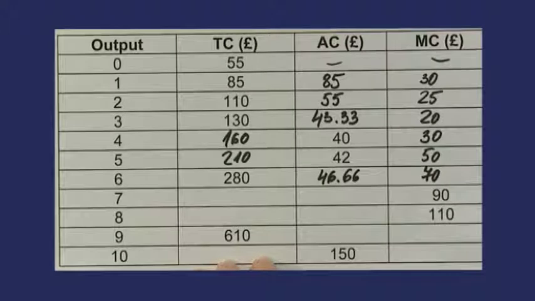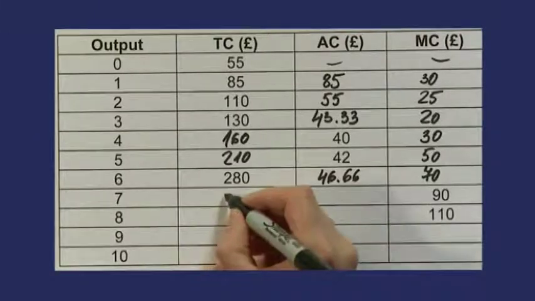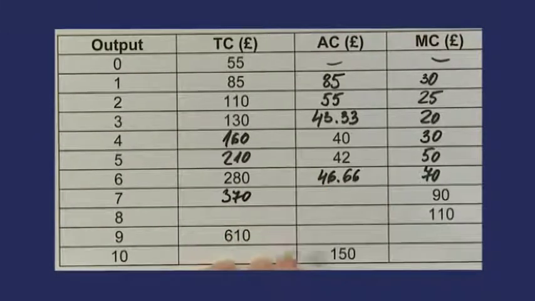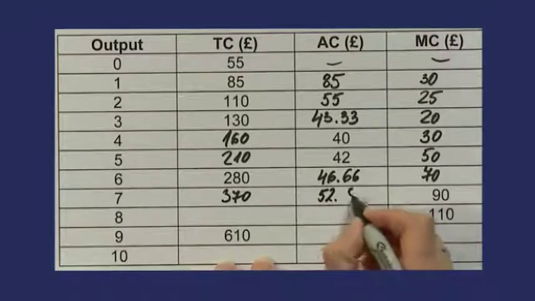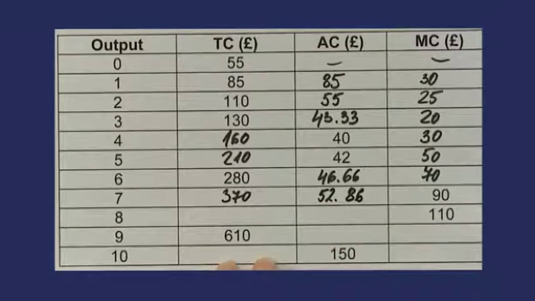Then we move on to output of 7 and we have a marginal cost of 90, and we can work out then that total cost is 370. And we can divide that one by the number of units, which is 7, and get 52.86 as our average cost.